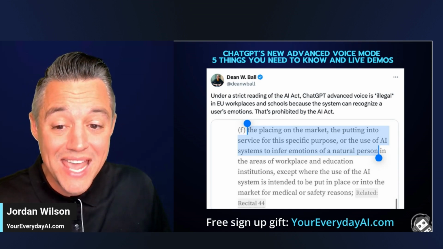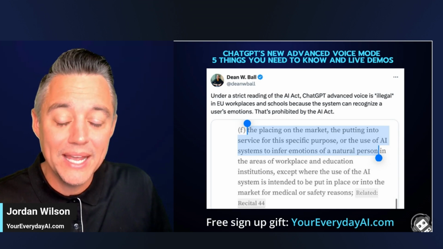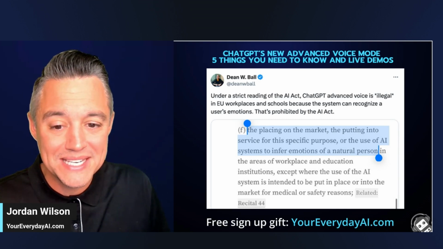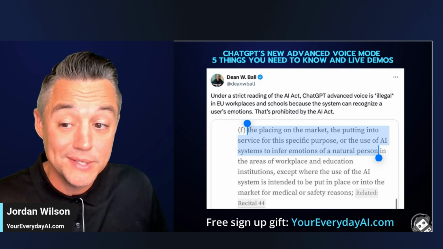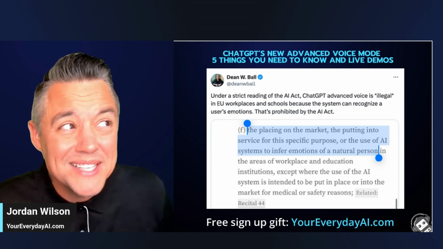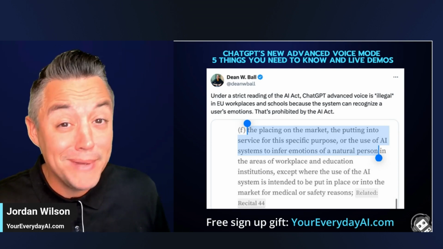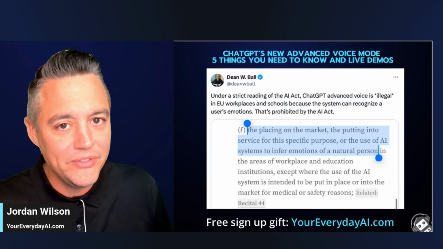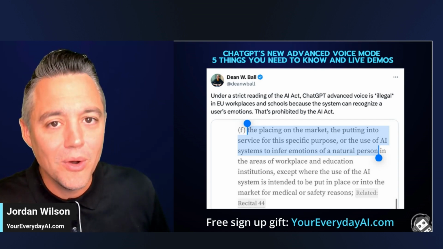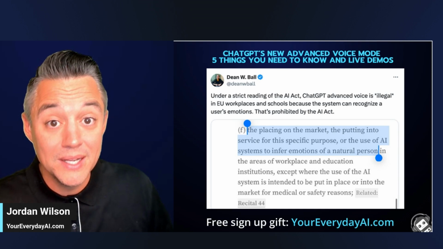It says in the areas of workplace and education institutions, except where the use of the AI system is intended to be put in place or into the market for medical or safety reasons. So presumably OpenAI is going to be figuring that out, because obviously the EU and UK are some of the largest markets in the world outside of the US, and they want to have paying customers in those markets.